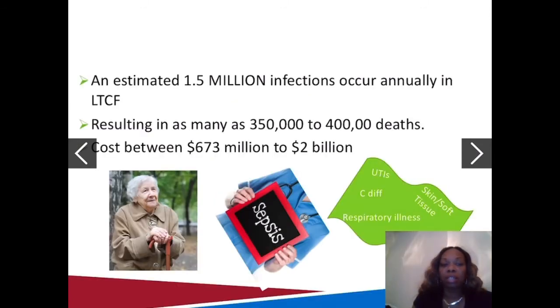Yes, they are. There's an estimated 1.5 million infections that are occurring annually in long-term care facilities. These infections result in as many as 350 to 400,000 deaths, and it costs anywhere between 673 million to $2 billion.